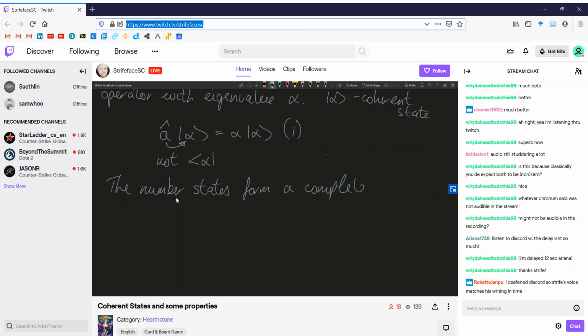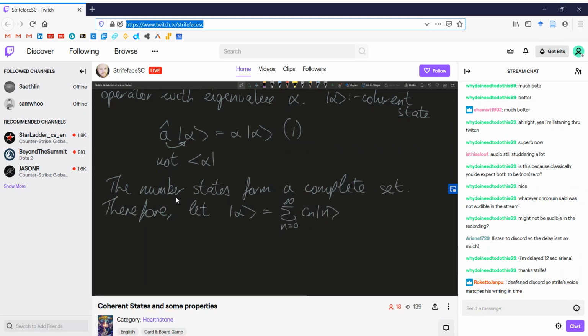Therefore, what we're going to do is let the state be some sum to infinity over the number states, with some coefficients that we don't know yet, to be determined, times our number states n. Now, what we're going to do is apply this to equation one.